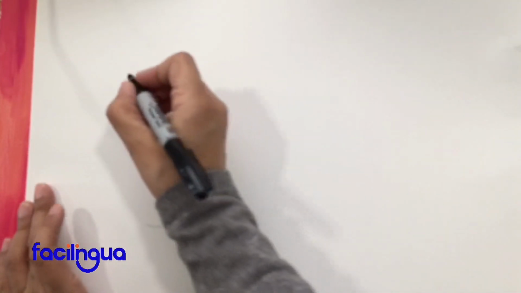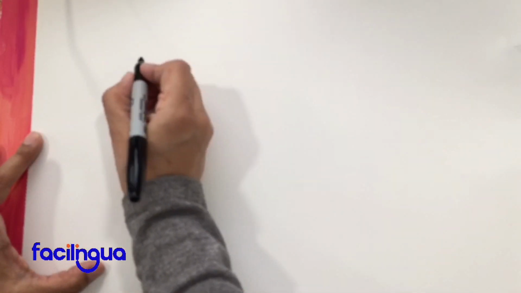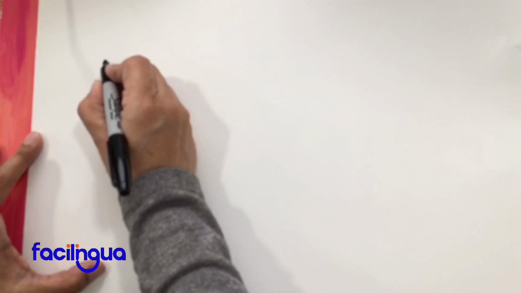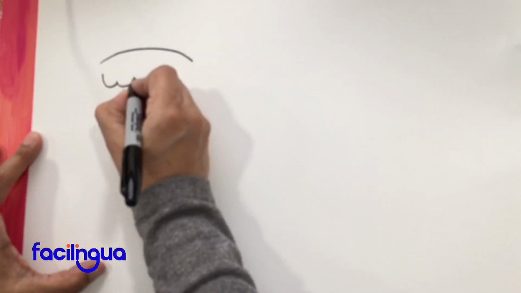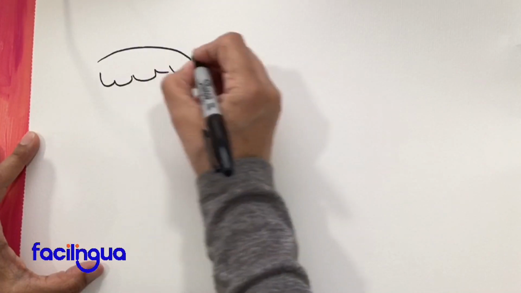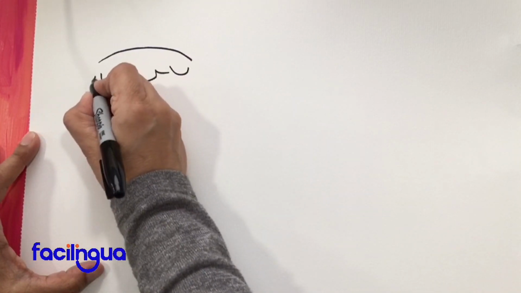So this is my paper, and I'm going to draw this girl. This girl is 7 or 8 years old. The top of your paper, the bottom of your paper, and this is the space that you're going to draw. So this girl is in your imagination. You can imagine.